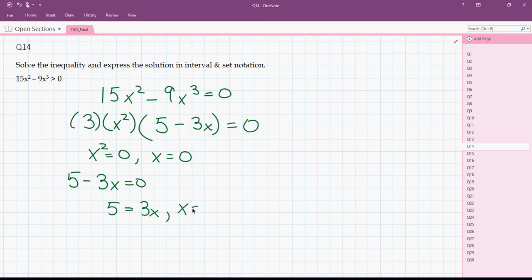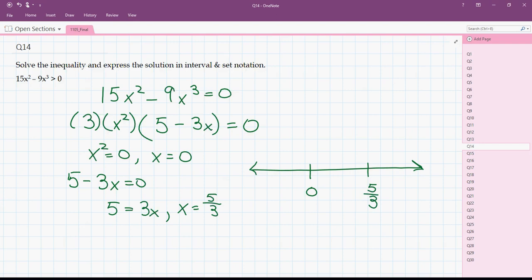We find that x is equal to 5 over 3. So now we're going to draw a number line. That's 0. That's 5 over 3.